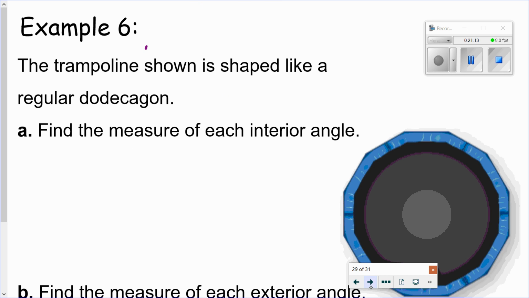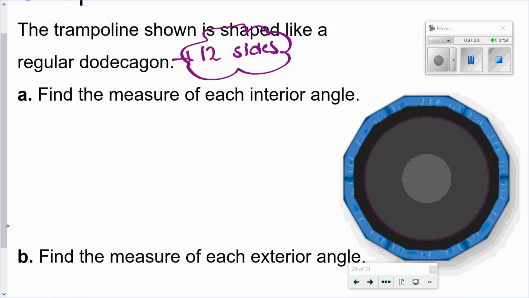Okay, here we go. Last example. The trampoline shown is in the shape of a regular dodecagon. By the way, dodecagon, another one to write down or maybe circle or highlight. This has 12 sides. Find the measure of each interior. This is the really important part.